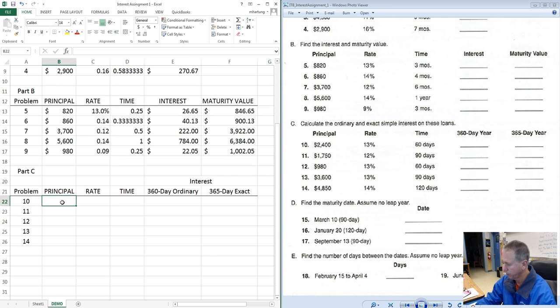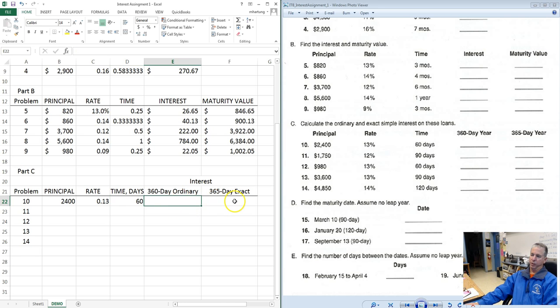And we'll go ahead and put in our numbers for 10. Okay, so this is a 60-day year for this first one here. And we need to make it very clear that this 60 is days. 60 days, not 60 years.